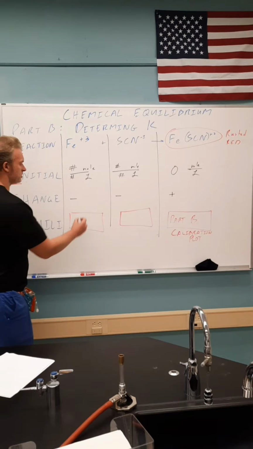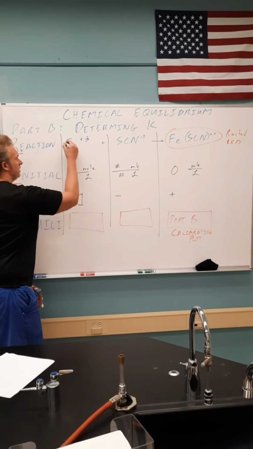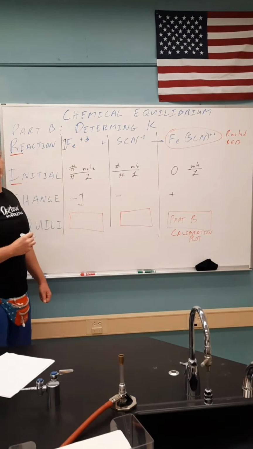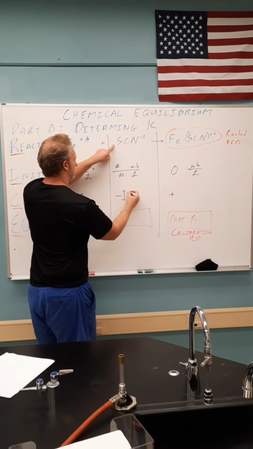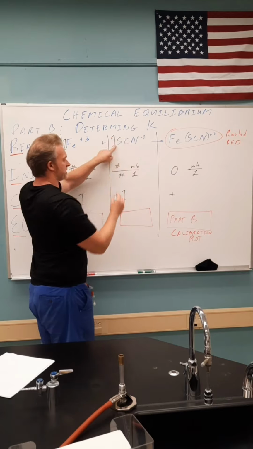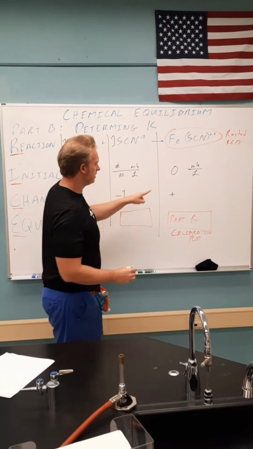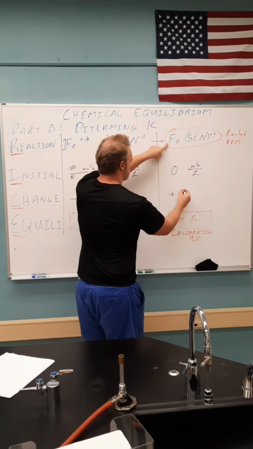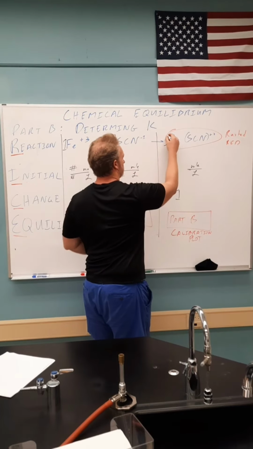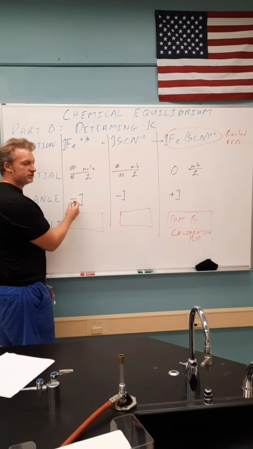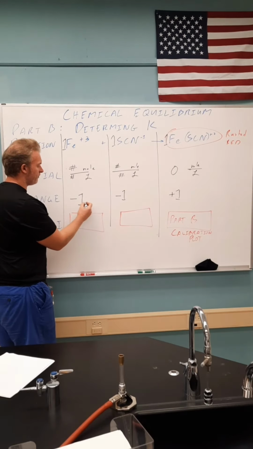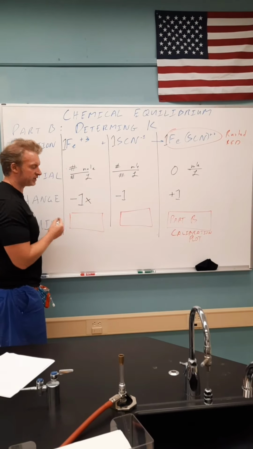With respect to the balanced chemical reaction, it will go down 1 equivalent. This will go down based on the balanced chemical reaction. This will increase based on the balanced chemical reaction. And it will increase, so this will decrease a coefficient of some value x.